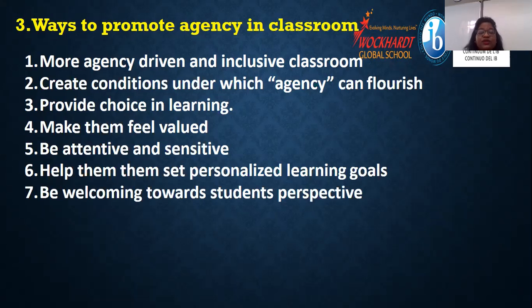Be welcoming to our students' perspectives. Of course, there are multiple perspectives in the classroom. Sometimes you agree, sometimes kids do not agree with other students. But yes, we should always be welcoming to the perspective. You cannot say to any child, no, this is not relevant.